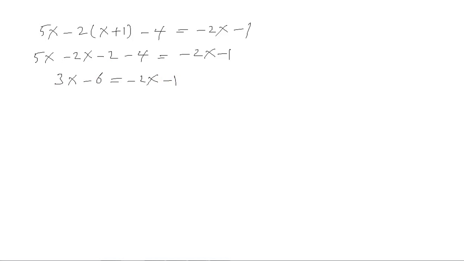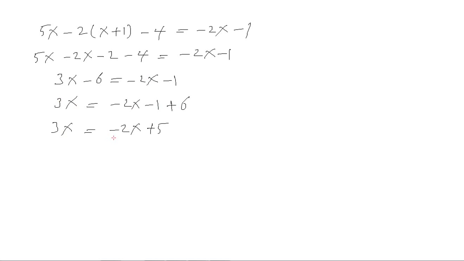Okay, now I'm going to move this minus 6 to the right side of the equation, and I have 3x equals minus 2x minus 1 plus 6. So I moved the minus 6 to the right and I negated it. It became plus 6. Now I have 3x equals minus 2x minus 1 plus 6, which is plus 5.